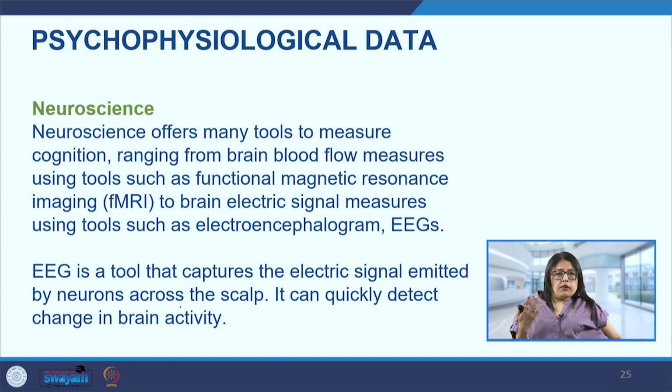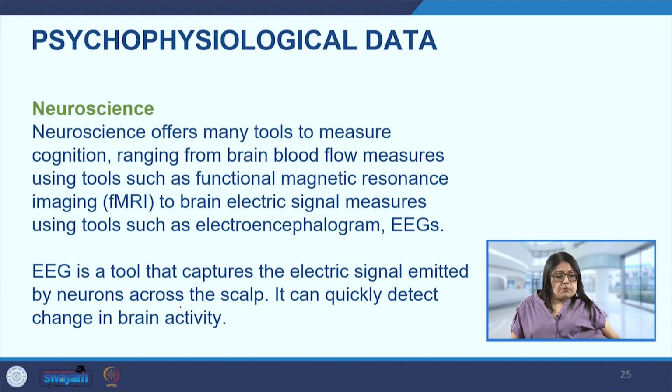In the brain we have several lobes, the frontal and occipital, many lobes, and they all have different functions. So depending on how the brain activity is going on, we can see how the brain is responding to the stimulus that we are presenting to it.